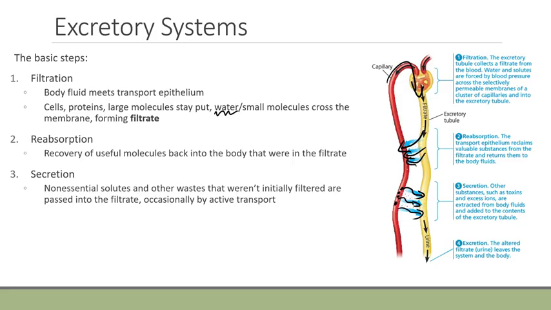Occasionally you will also see this in active transport. Again, we are going to explore this pretty in depth in the next video. And then lastly, that filtrate that has formed eventually is going to be removed from the body. It's going to be removed from the body typically as urine. Those are the big steps of how you take bad stuff in the body and get it out.